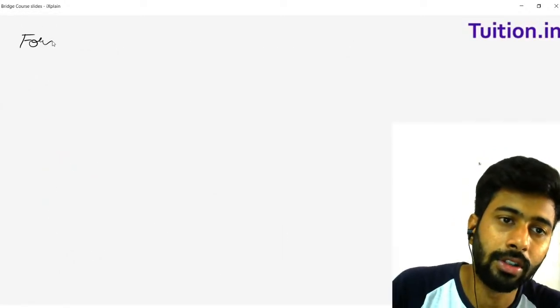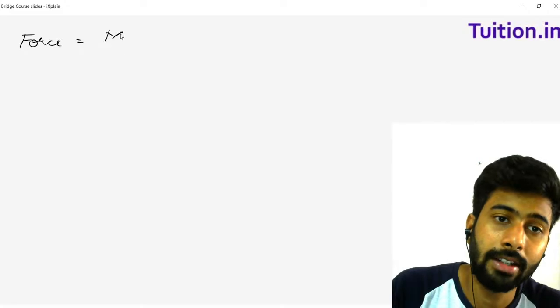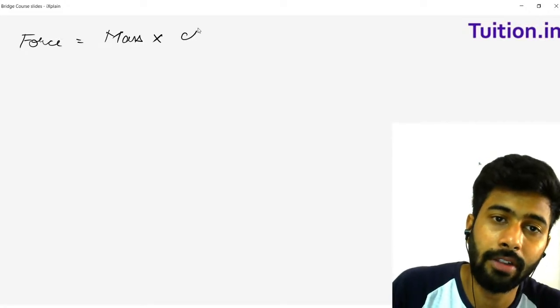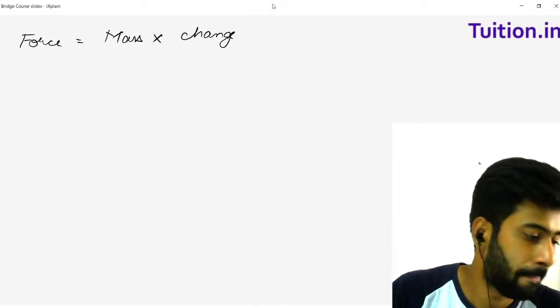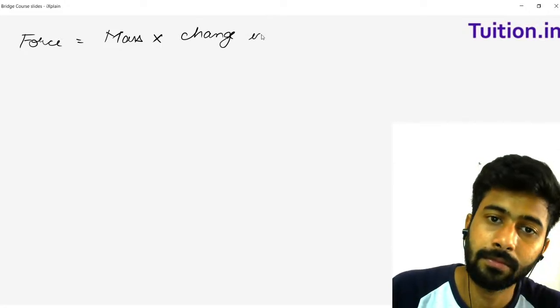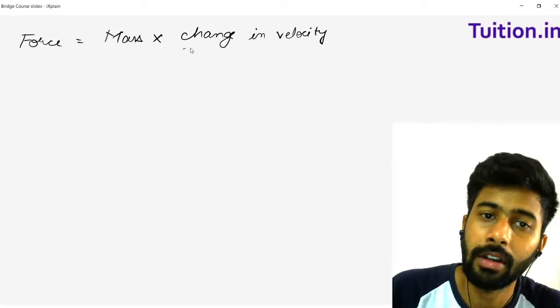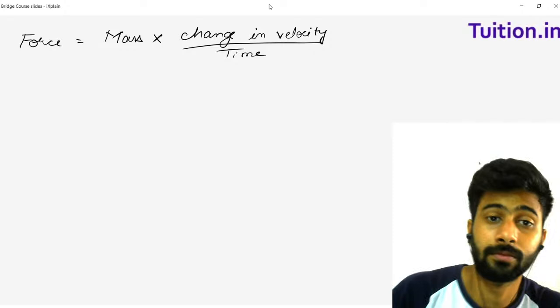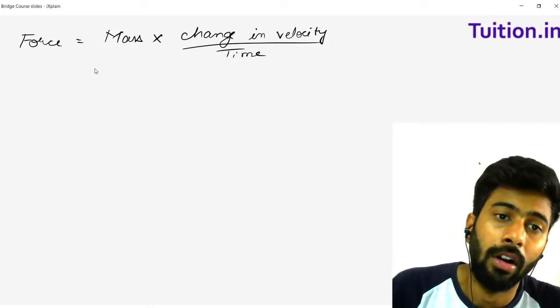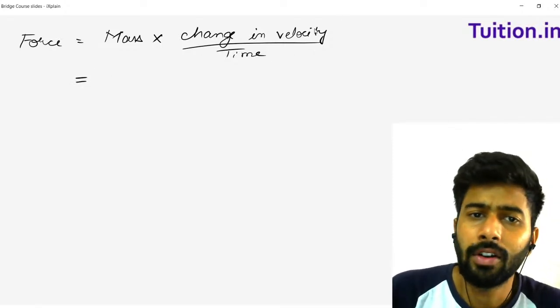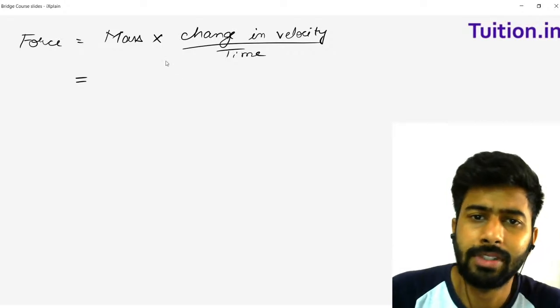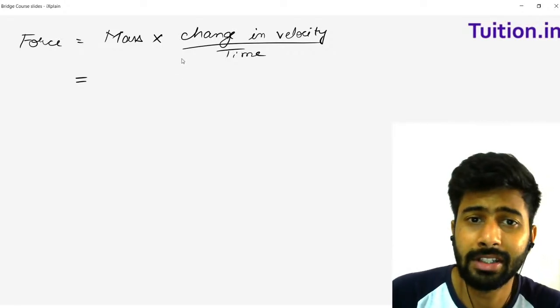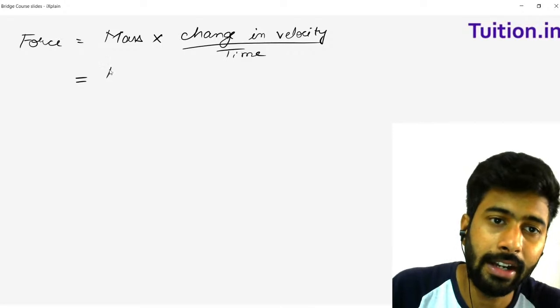So force, just now we saw, is mass into change in velocity divided by time, correct? Now, velocity, change in velocity is nothing but change in displacement by time. Can I say that?